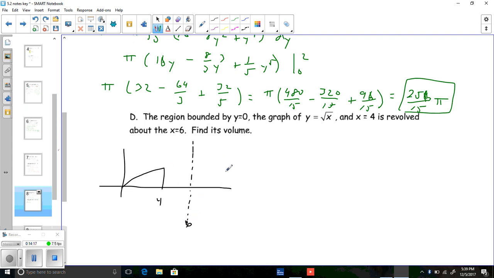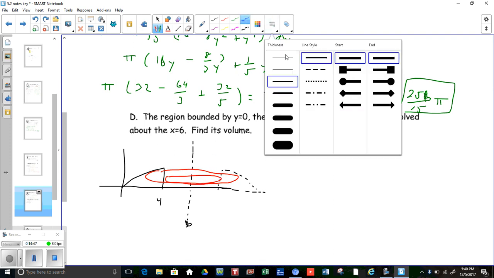So this thing is going to be way out here, something like that. Whew, it's going to be huge. Representative circles, in this case, you have an inside radius, and we have an outside radius. Something like that.